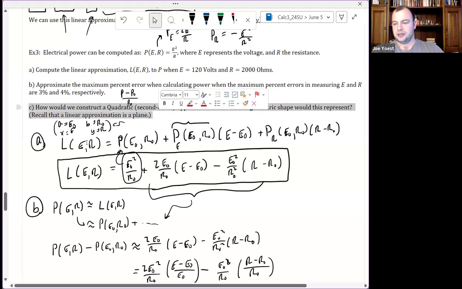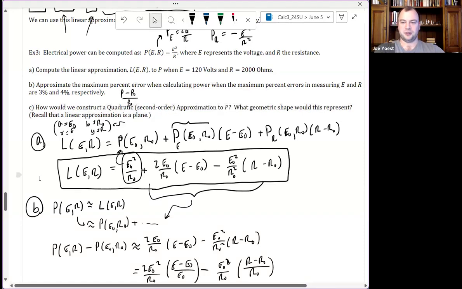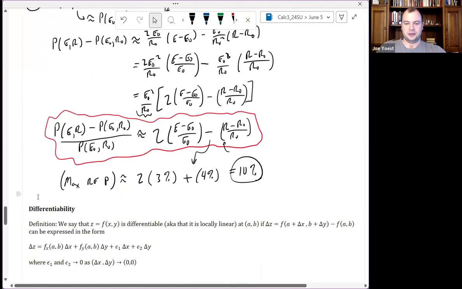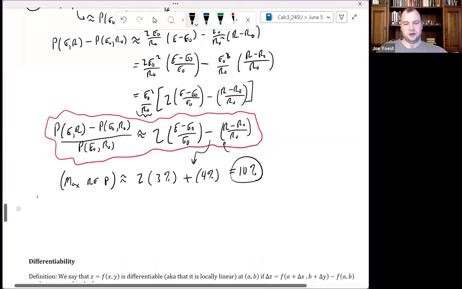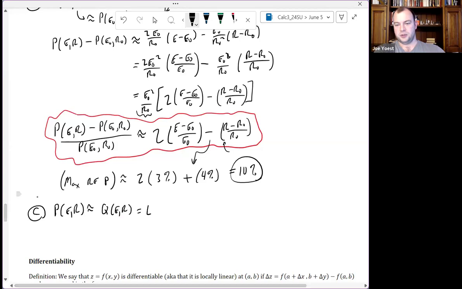And then C, how would we construct a quadratic or second order approximation of P? I'll just give the answer quickly here. We're going to see more on this later on in the course, but we could say that P of E comma R is approximately the quadratic approximation, which would be the linear approximation plus the quadratic bits. When I was writing my notes this came up as P subscript EE, so sorry about that.